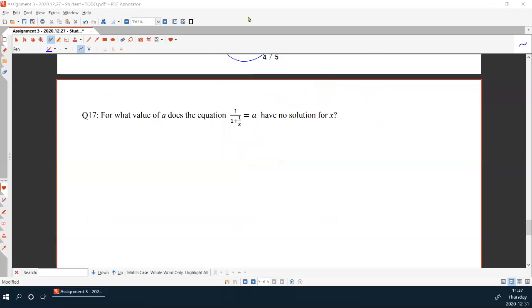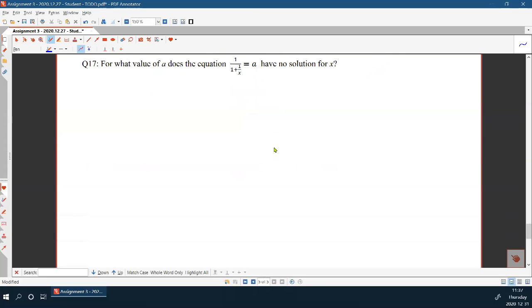Okay, for the last two questions, please pay attention because these two questions are not very easy to think about. For question 17, for what value of a does the equation 1 over 1 plus 1 over x equal a have no solutions for x?